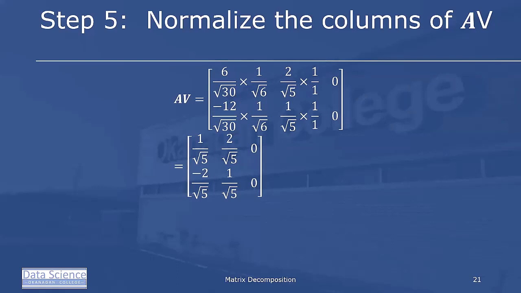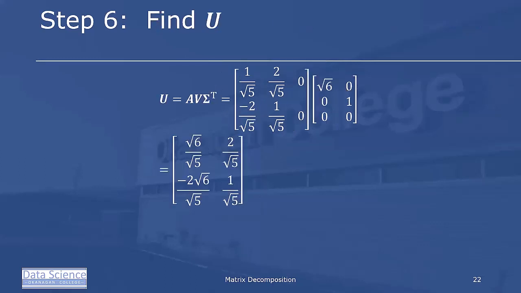When we normalize the columns of AV, we end up with 1 over root 5, negative 2 over root 5, 2 over root 5, 1 over root 5, 0, 0. Recalling that U is equal to AV sigma transpose, we get U equals root 6 over root 5, negative 2 root 6 over 5, 2 over root 5, 1 over root 5.